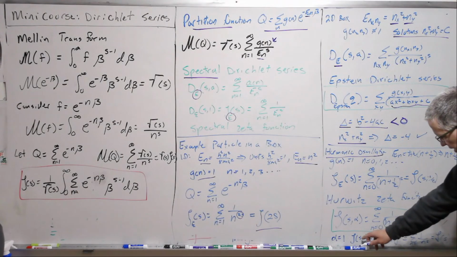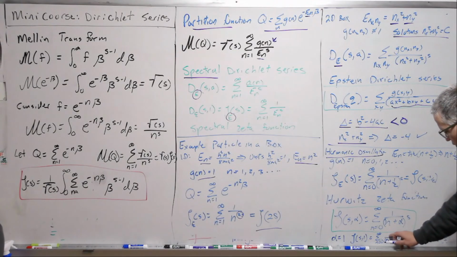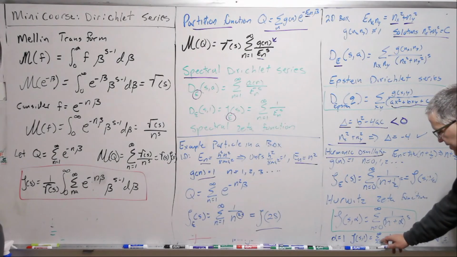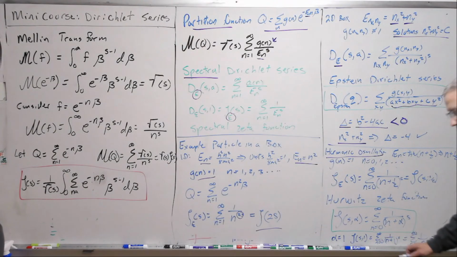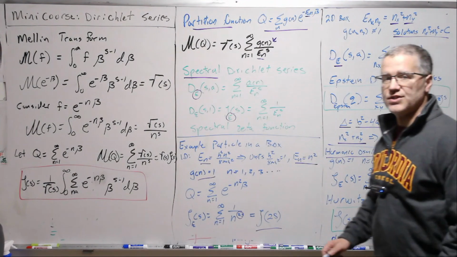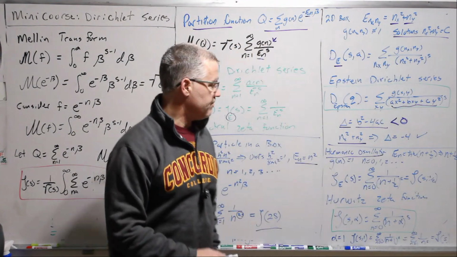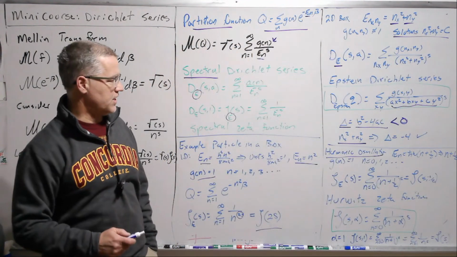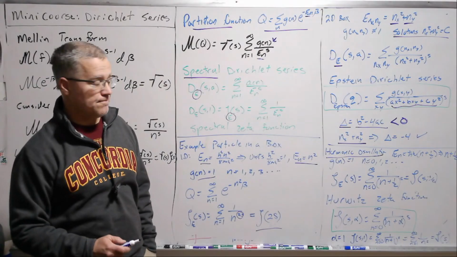In this case, we have 1 over n plus 1 raised to the s, ranging from 0 to infinity. Well, let's just make a rescaling of that n, and let's call n plus 1 n. Well, now the bottom limit 0 goes to 1, and so we recover the zeta function. So the Hurwitz zeta function matches the zeta function when alpha is equal to 1.